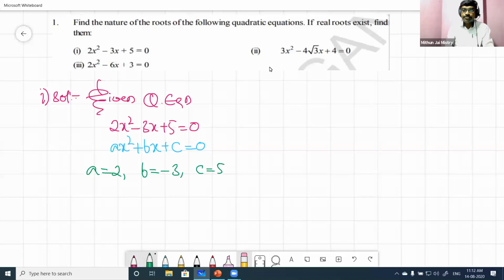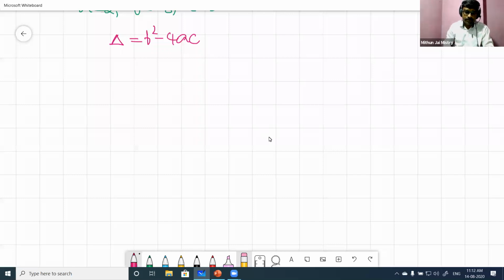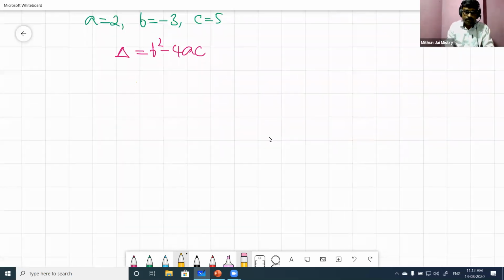Now we need to find delta. So delta is what? Delta is b square minus 4ac. First you should write the formula, right? Delta is b square minus 4ac. Now you substitute: b is minus 3, whole square, plus a is 2 and c is 5. So we get 9 minus 4 twos are 8, 8 fives are 40, so 9 minus 40, that's nothing but minus 31.